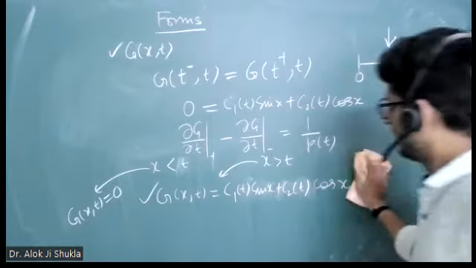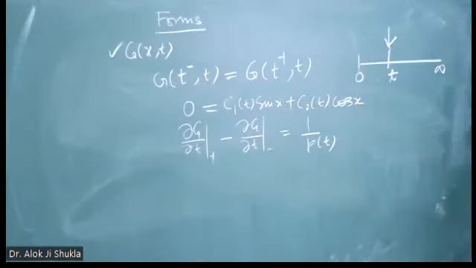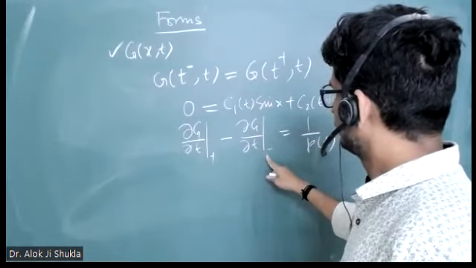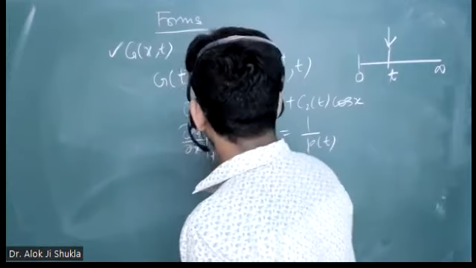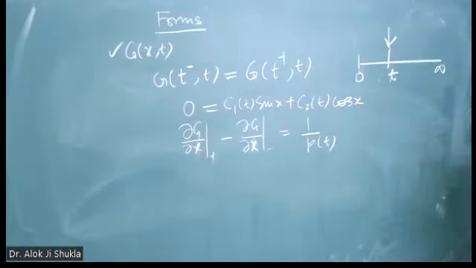Right-hand side minus left-hand side, yes. It was del g by del x, sorry. Del g by del x minus del g by del x: this was the limit on the right-hand side and this was on the left-hand side, and it was equal to 1 upon pt.